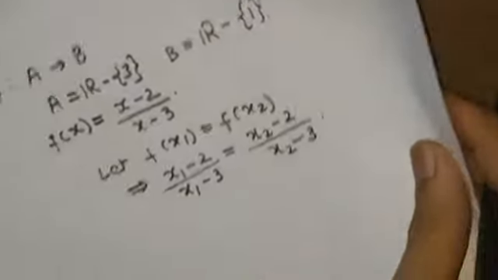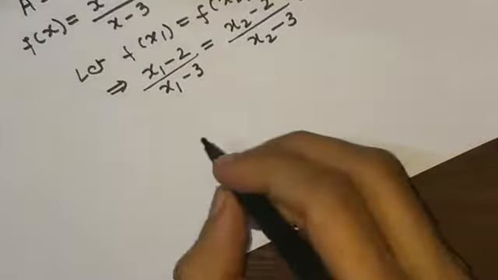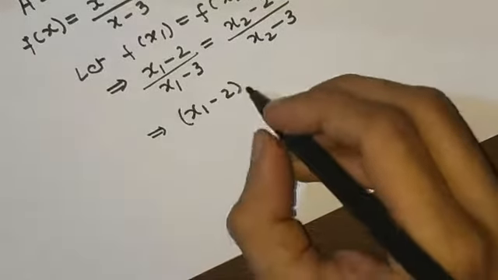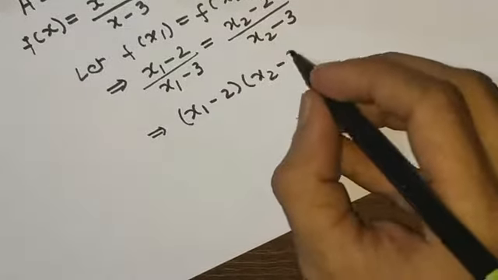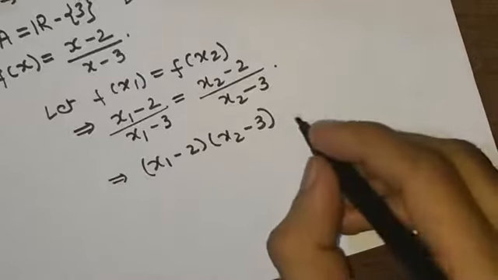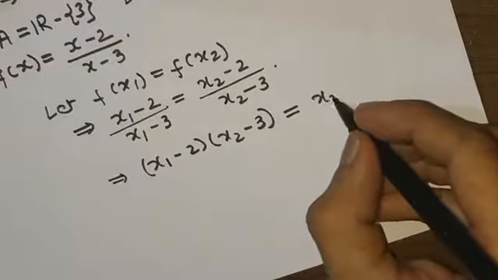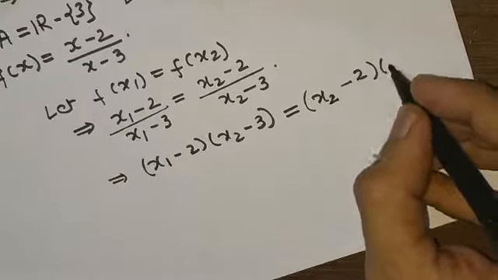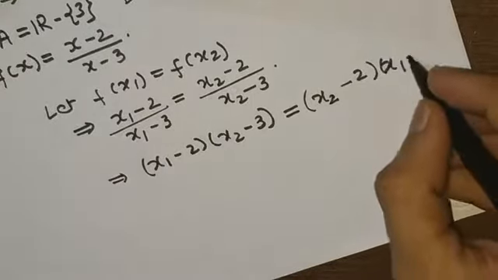So if you cross multiply, you will get (x1 minus 2) multiplied by (x2 minus 3) equal to (x2 minus 2) multiplied by (x1 minus 3).